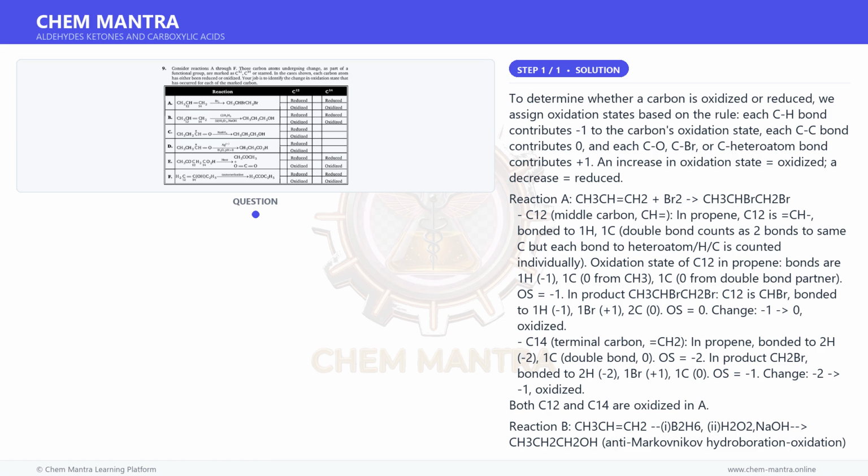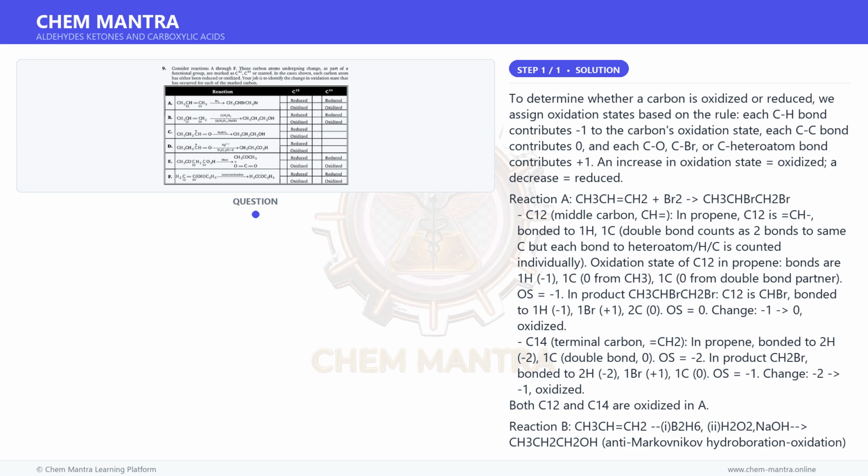OS is equal to +1. C14 in the ketone H3COC2H5 is bonded to O via double bond, 2 bonds to O, +2, C, CH3, 0, C, C2H5, 0. OS is equal to +2. Change +1 to +2, oxidized. C12 is reduced, C14 is oxidized in F.